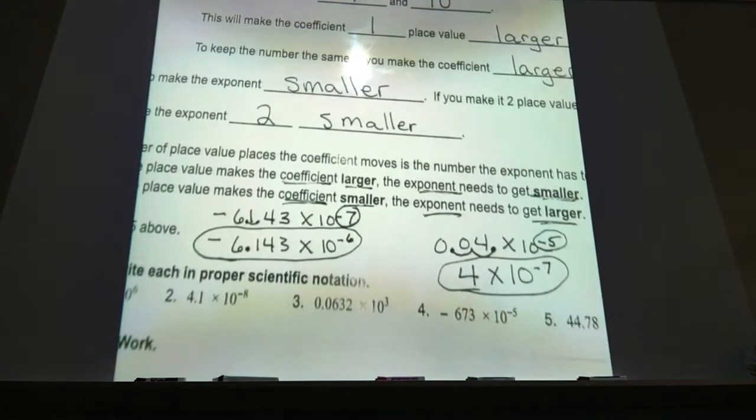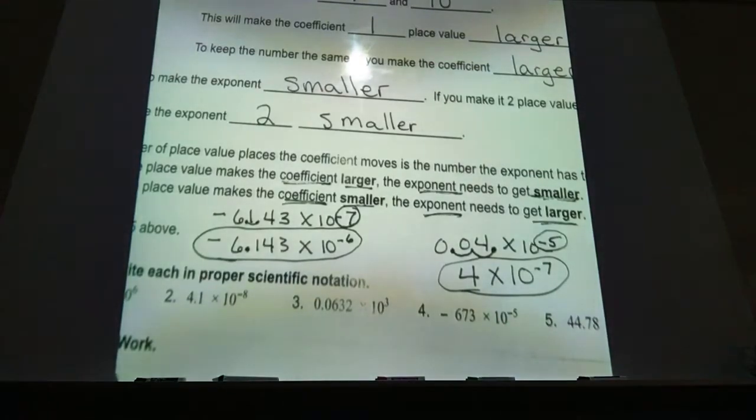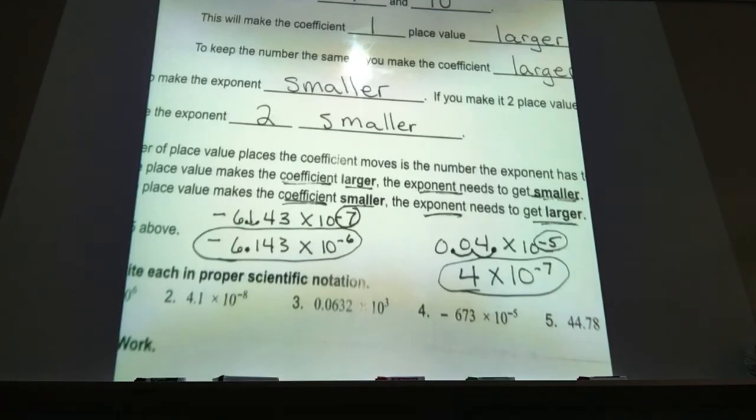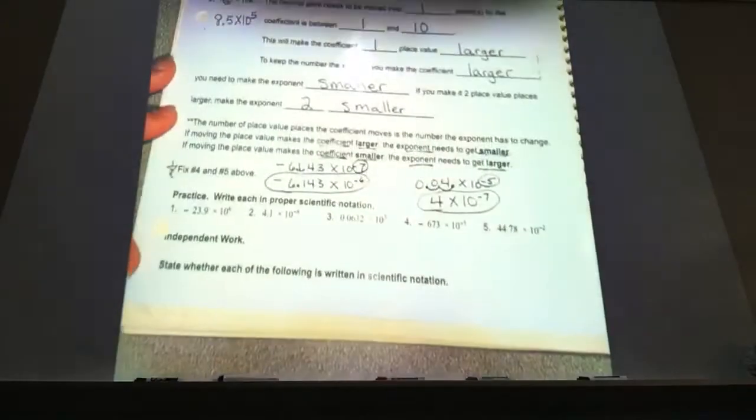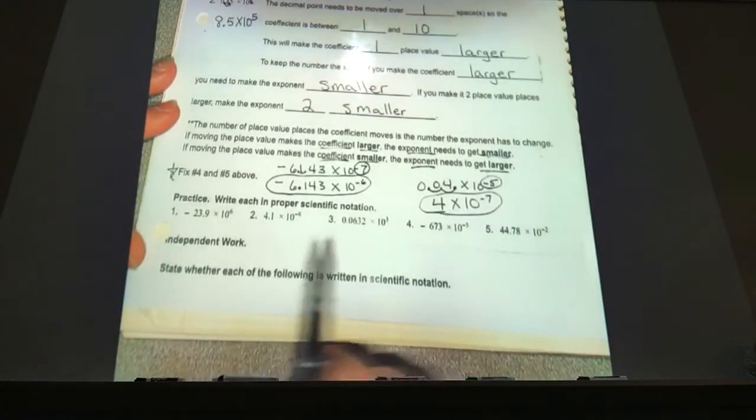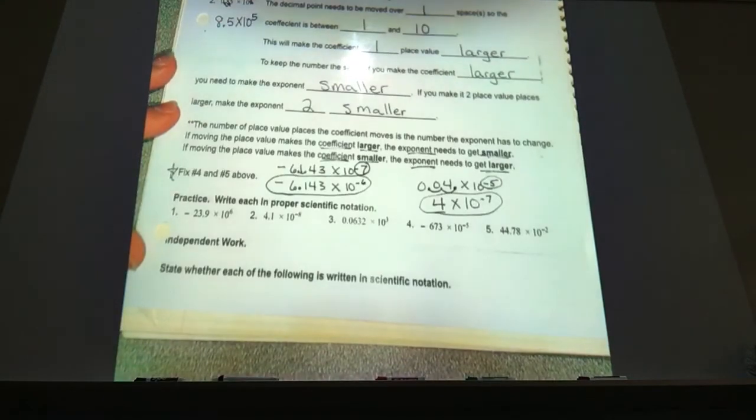All right, let's do some practice in proper scientific notation. You need to try to write each of these, so stop the video, write each of numbers 1 through 5 here in proper scientific notation, and then come back and check and see if you did it right.